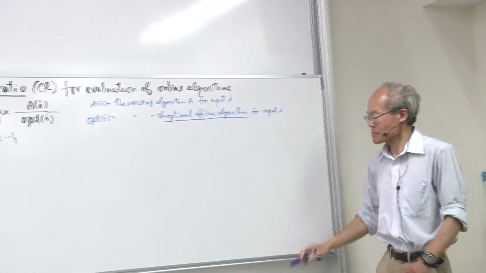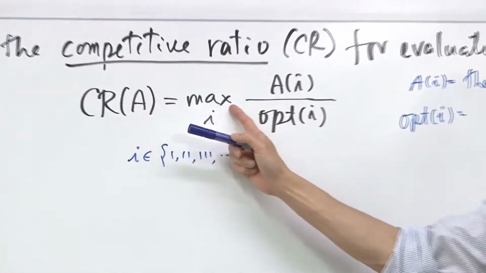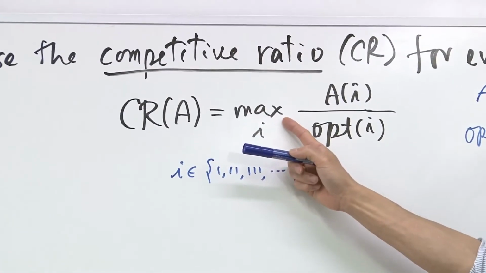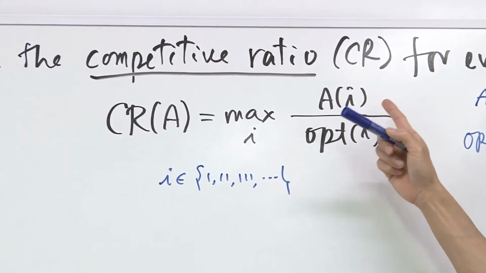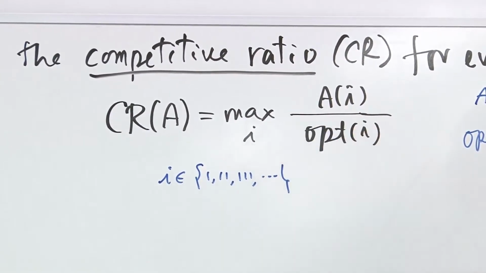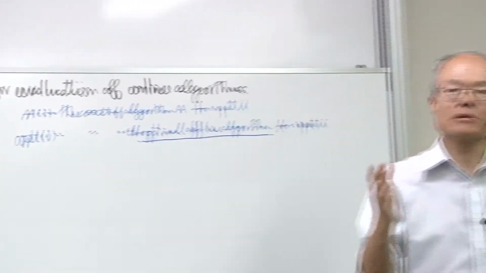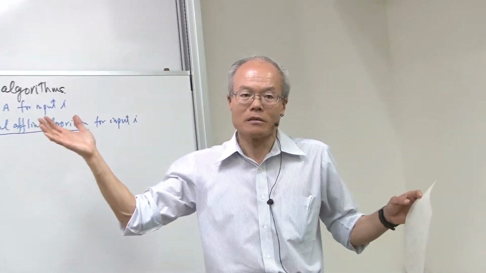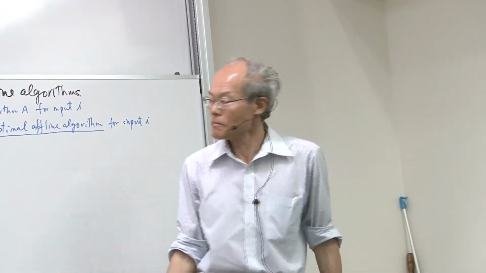And importantly, we consider the worst case. The smaller this ratio is, the better the algorithm is.